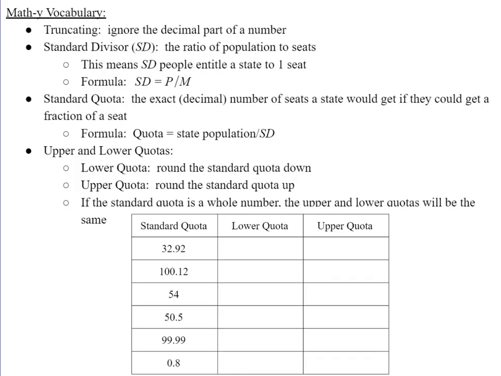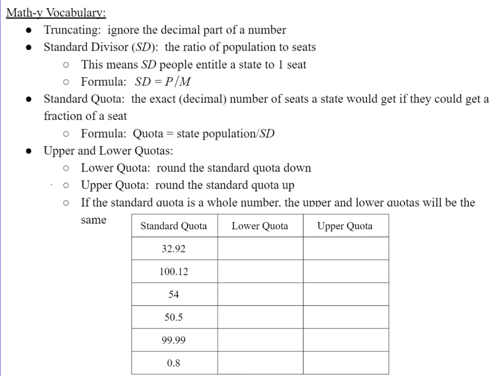Now, we do have some more mathy vocabulary that we need to talk about. First is truncating. Truncating means you basically ignore the decimal part of a number. So 5.2, if you truncate it, would just be 5. We have the standard divisor, which we are going to abbreviate as SD.